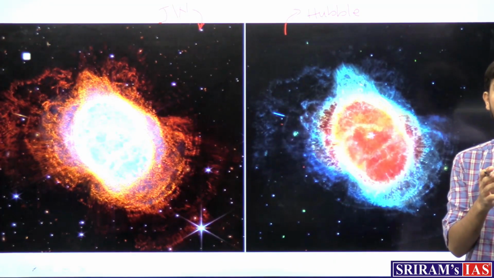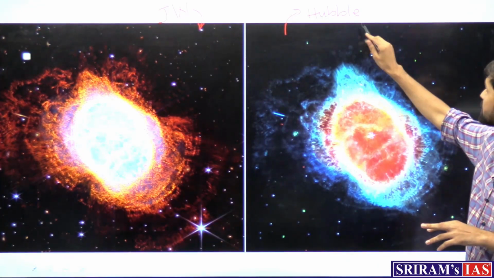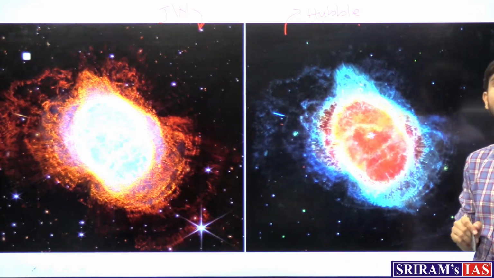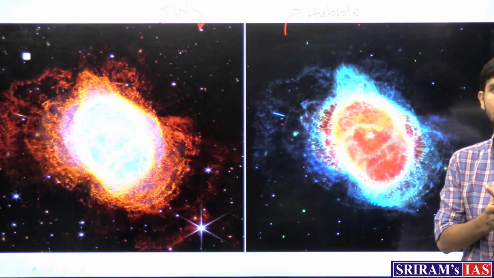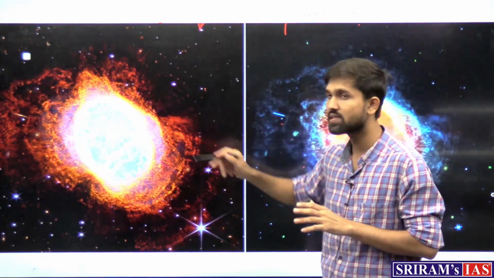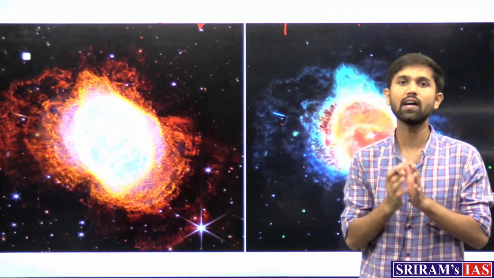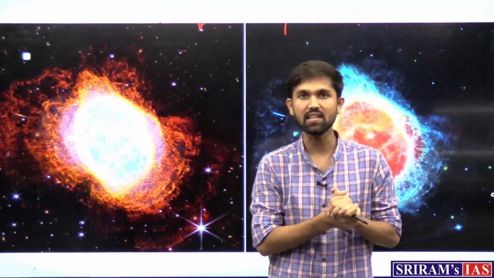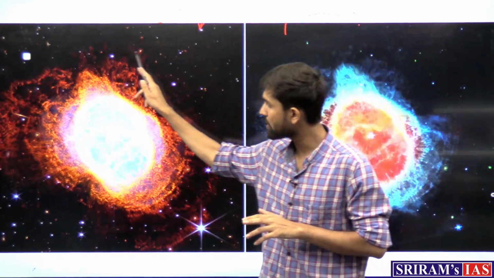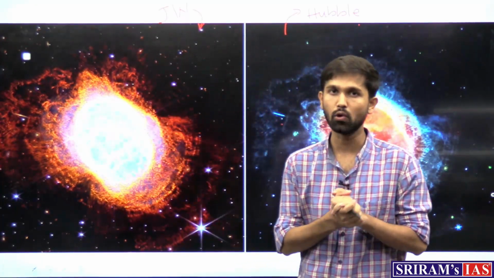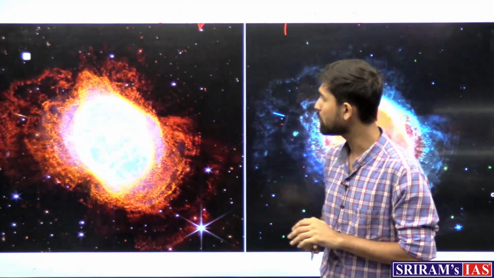Why has this clarity been achieved? Because where the Hubble telescope used the ultraviolet and visible light range, the James Webb uses infrared light. Infrared rays are able to pass through these objects much more easily, and that is why the image becomes clearer for the telescope, right? So due to that property we see a clearer image.